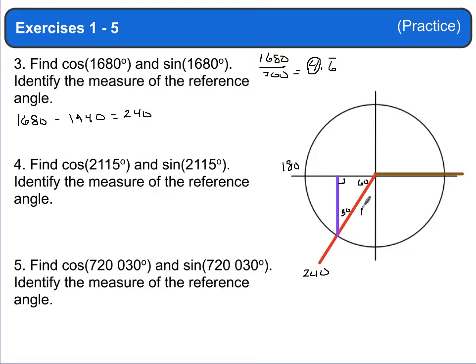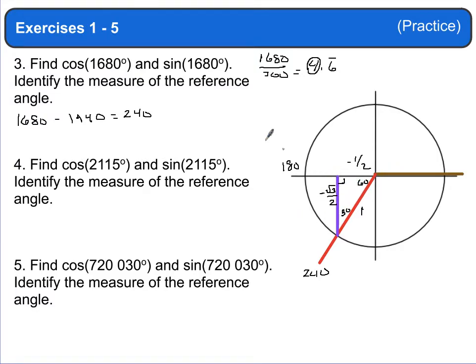So since my radius is always 1, this will be negative 1/2, and this will be negative square roots of 3 over 2. Remember, if you're having a hard time remembering from yesterday where the 1/2 and the square roots of 3 over 2 are, please go back and view yesterday's video again to get a recap of how that worked.